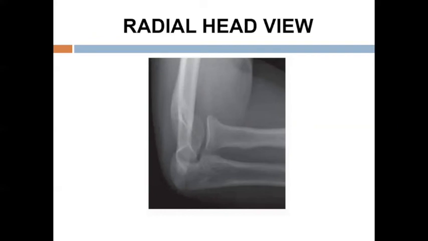Normal AP and lateral views are advised in elbow injury. We can take another view, the radial head view, to view the head of the radius to check whether there is a fracture. Please keep these things in mind during examination and investigation of the elbow in children.